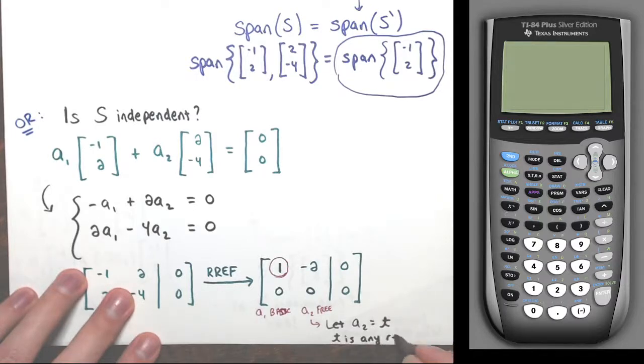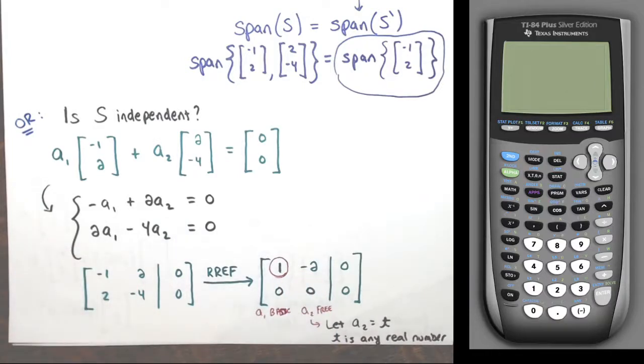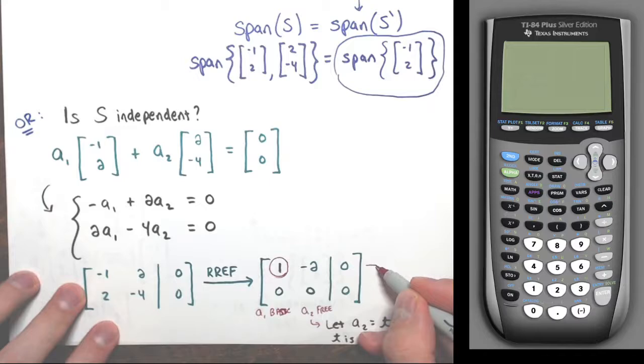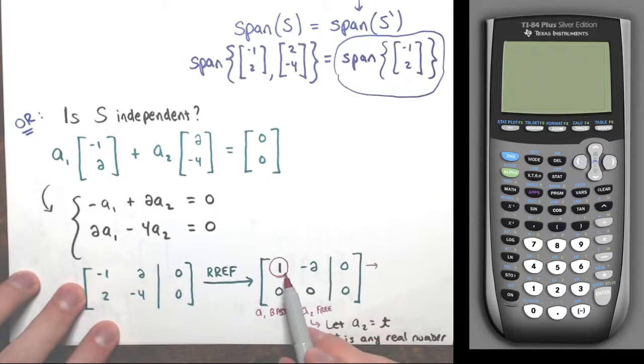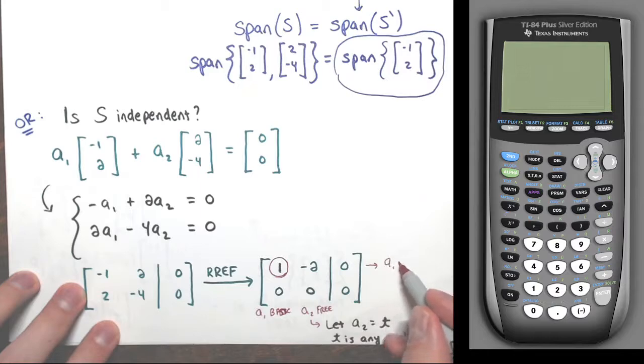And you can let a free variable be represented by any expression with any variables, as long as that expression can take on any real number value. And what we're getting from here is that, look at the first row, that's A1 minus 2A2. So that's A1 minus 2T, remember, I let A2 be T, will be equal to 0.